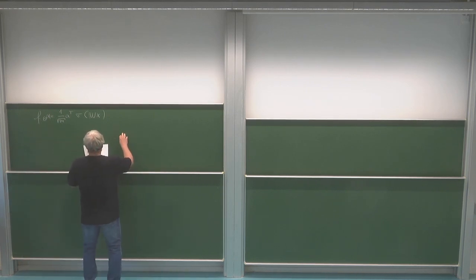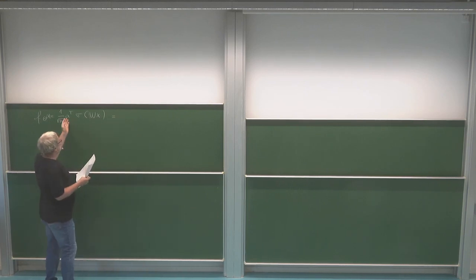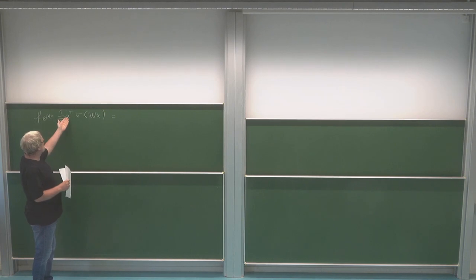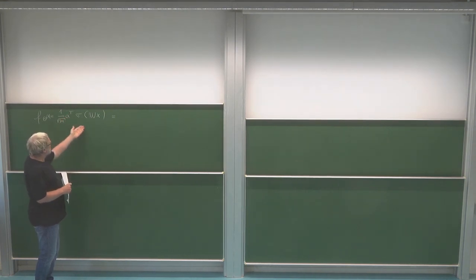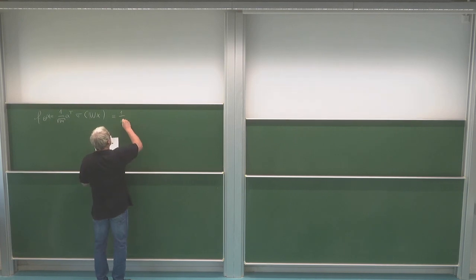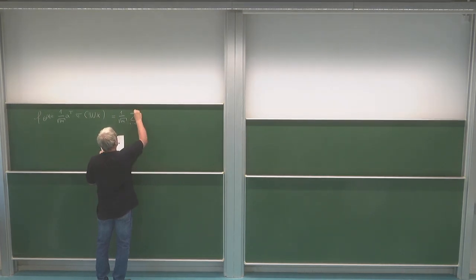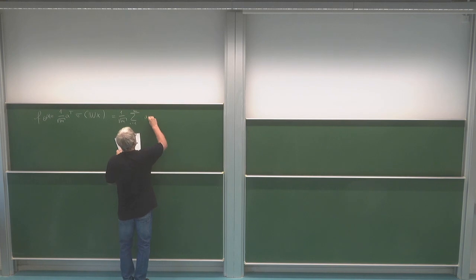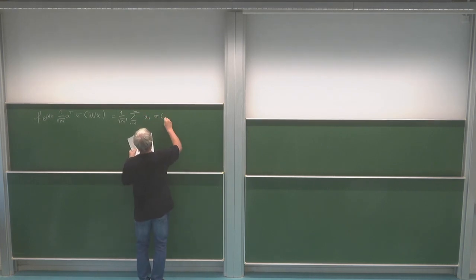So I write this, and then this here, okay, this is the inner product. I mean, this is the inner product between the entry of this vector and the corresponding row of this vector. So I can write this as 1 over square root of m, sum from 1 up to m, a_i times sigma of W_i transpose x.